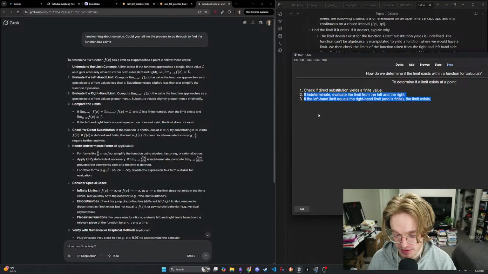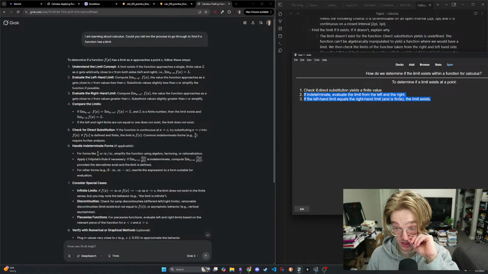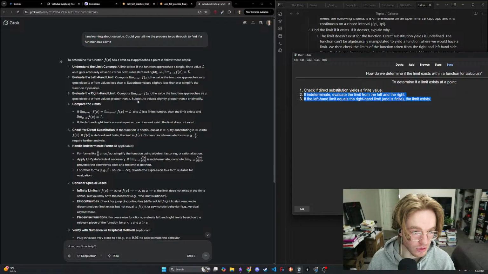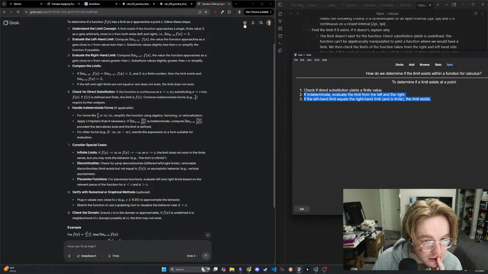And the reason for that is to simplify it. There's also approaches where if it doesn't seem ready, if we take the limit from the left and the right, then we ought to do something more there. Okay.